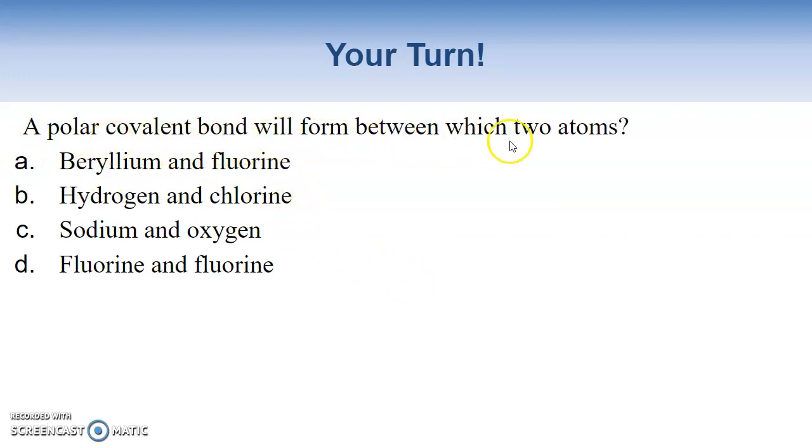Polar covalent bonds will form between which two atoms? Go back to your electronegativity chart, do your subtractions, and see which one is going to be polar covalent. Well, we know hydrogen and chlorine are, right? So the answer is probably B.